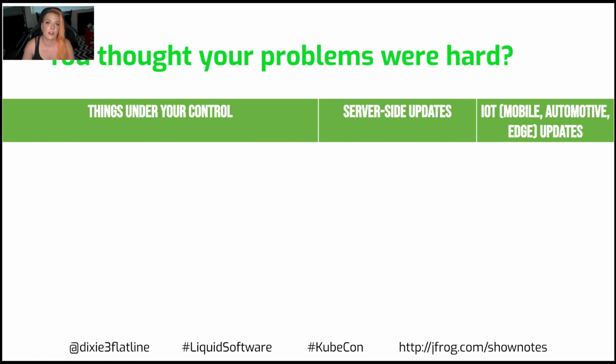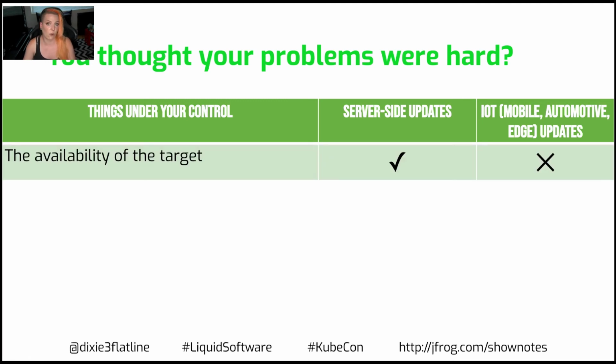You might ask yourself, why the hell is she talking about IoT and mobile development? I'm a cloud native developer. This is KubeCon, and we're mostly cloud native developers here. How is this relevant? The thing is, our problems as cloud native developers and software providers kind of pale in comparison to the struggles of IoT developers, and we can learn from them.